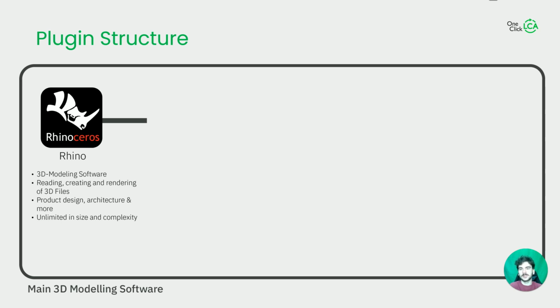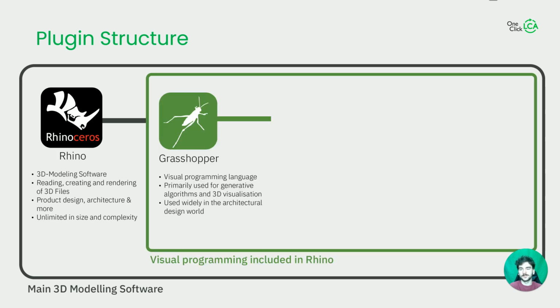And within Rhino, there is the software Grasshopper. Grasshopper is a visual programming language. It's mainly used to automate some processes and integrate some algorithms that might save you some time with your model, and it's quite convenient to add parameters and to modify your 3D model.